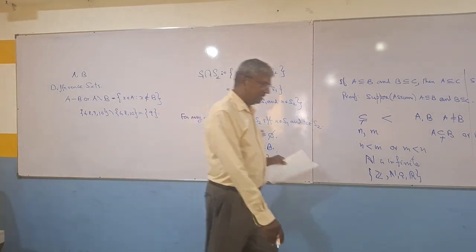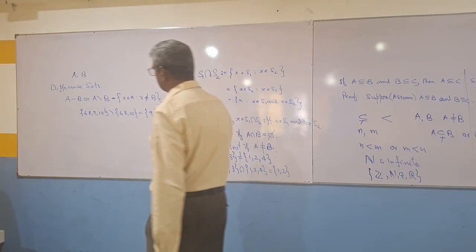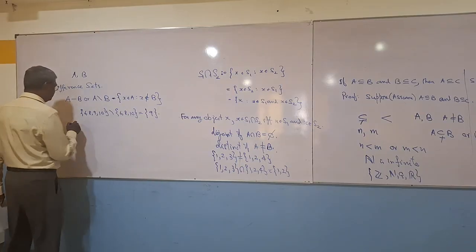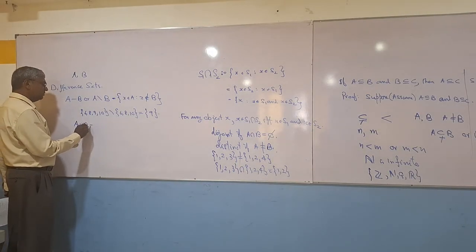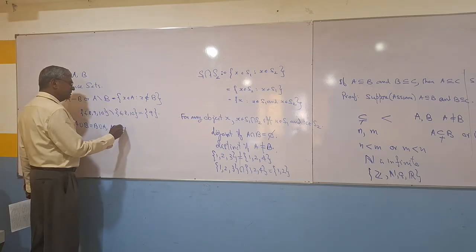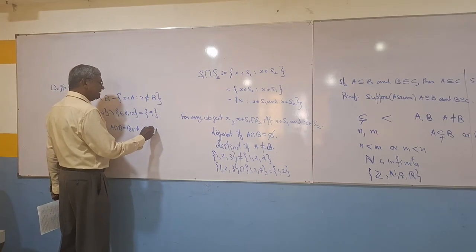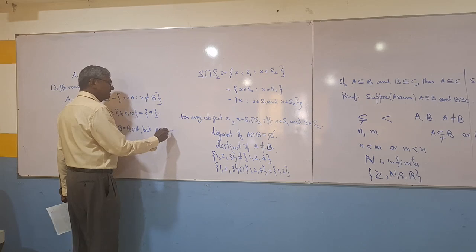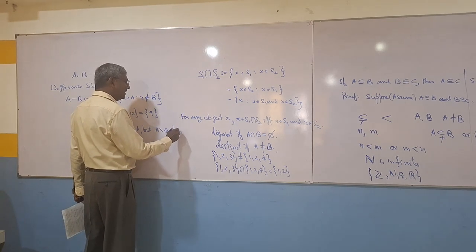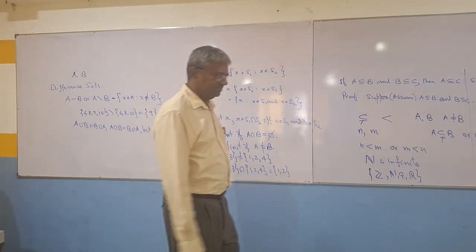So now you know the meaning of A union B, A intersection B, and A minus B. There is an important thing: A union B is equal to B union A, A intersection B is equal to B intersection A, but A minus B may not be equal to B minus A. There are times at which they are the same.